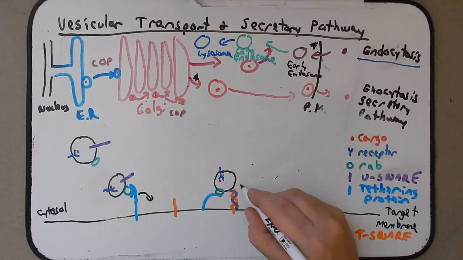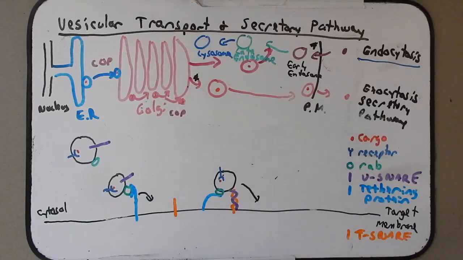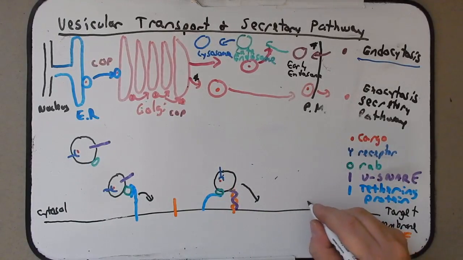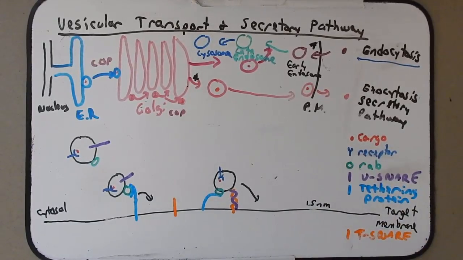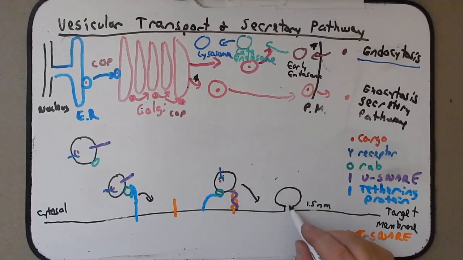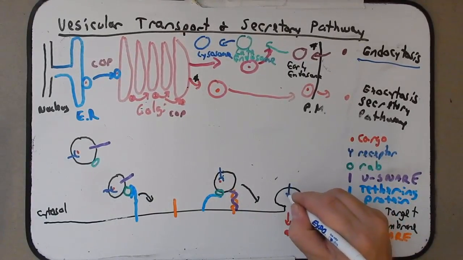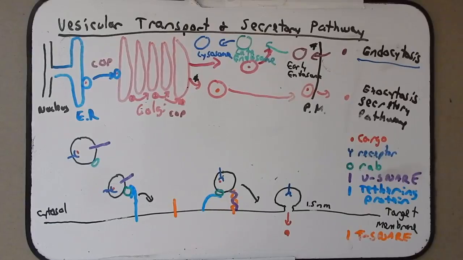So these will continue to wrap and wrap around each other until this vesicle membrane is about 1.5 nanometers from the target membrane. And when that happens, the vesicle will fuse with the target membrane. It will release its cargo. The receptors are still in here, but they just released all the cargo.